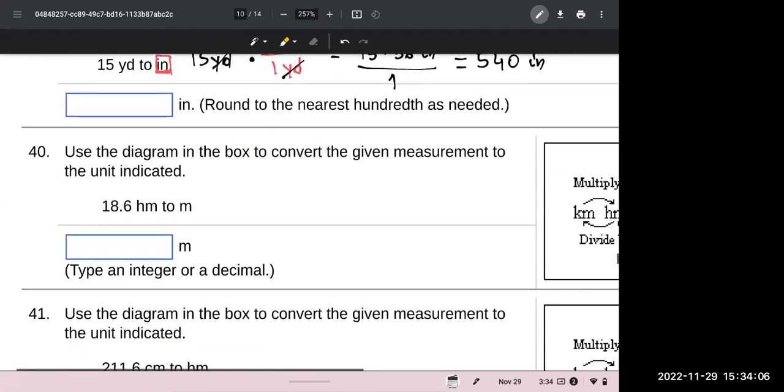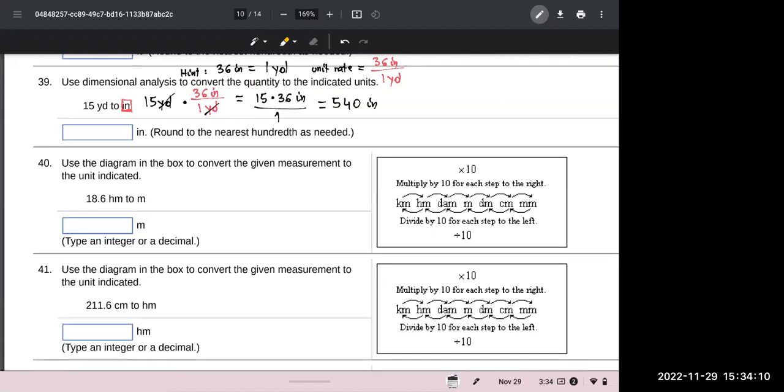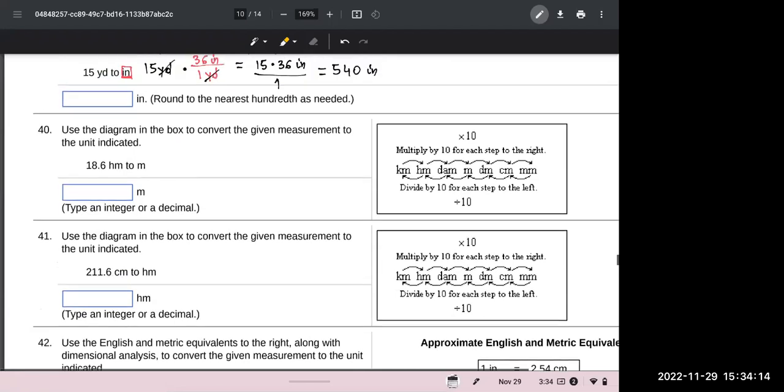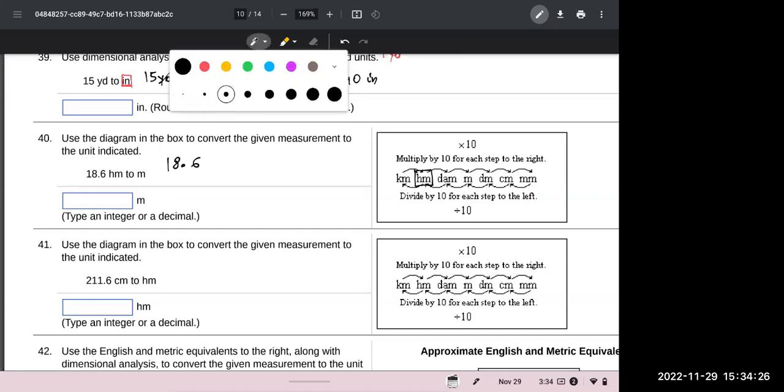Okay. Here we have to convert in metric system, so you don't need to worry about metric system because the table will be given. So we need to convert 18.6 hectometers into meters. So you're going from hectometers to meters right here.